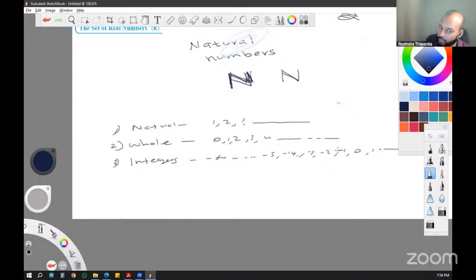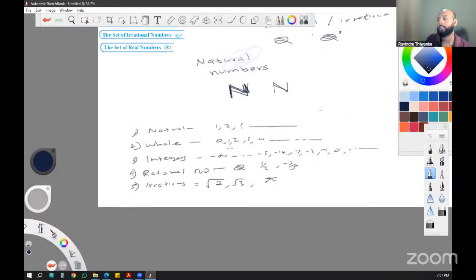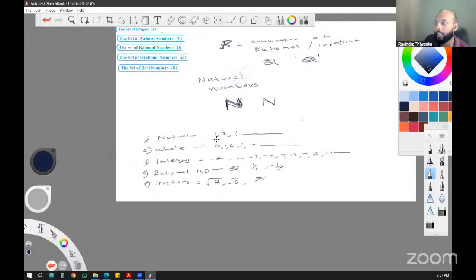It also includes rational numbers, all the Q's, and it contains irrational numbers, all the square root values and pi, something that is not divisible. And rational numbers, we can say fractions. So everything is contained in the set of real numbers.